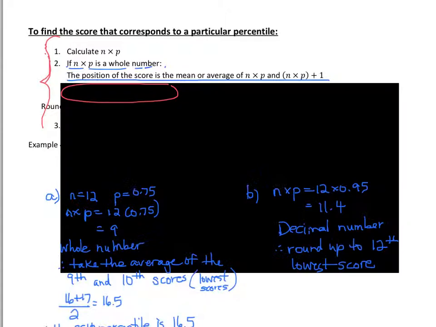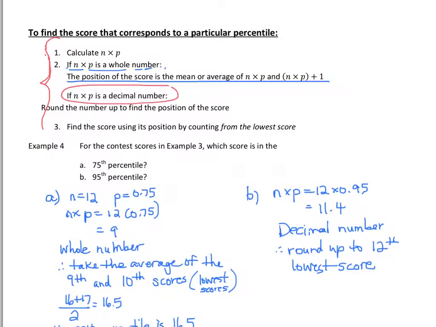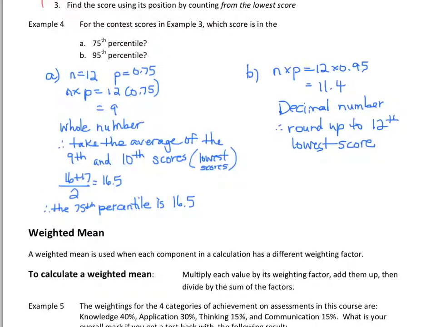Now if we go back and look at your table, there's 12 scores altogether. So the 12th lowest score is actually going to be the highest score. That won't always be the case. It's just in this particular case, that's exactly how many scores we had. So let's make a note here.